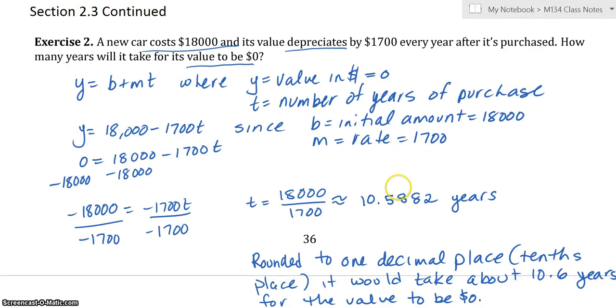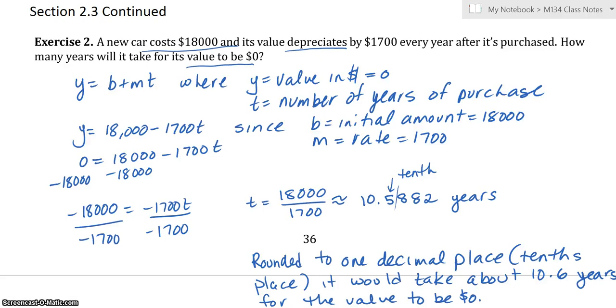When you're rounding, here's the tenths place. If you're rounding to one decimal place, you always look at the number to the right. If the number to the right is 5 or more, you would add 1 to that place value to get 10.6, because it's closer to 10.6 than it is 10.5.